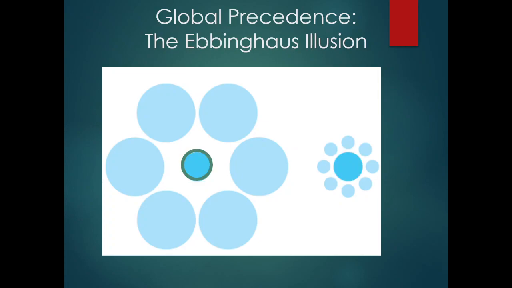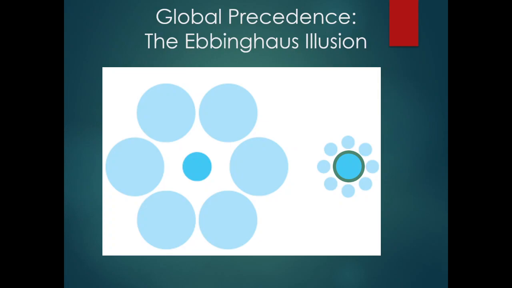Our brain says that the dark blue is clearly smaller on the left than the dark blue on the right is. And so Ebbinghaus pointed out that context matters in your judgments of size, right? Being surrounded by big circles makes this one on the left look smaller. Being surrounded by small circles makes the one on the right look bigger. And so that's part of that global precedence.